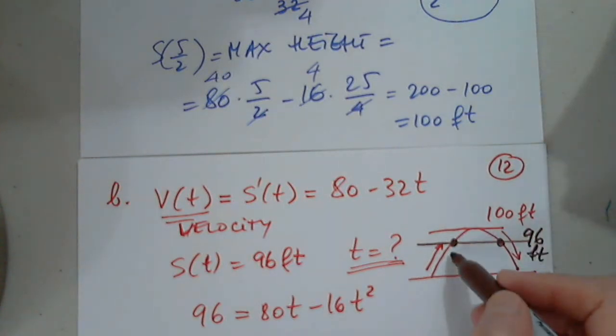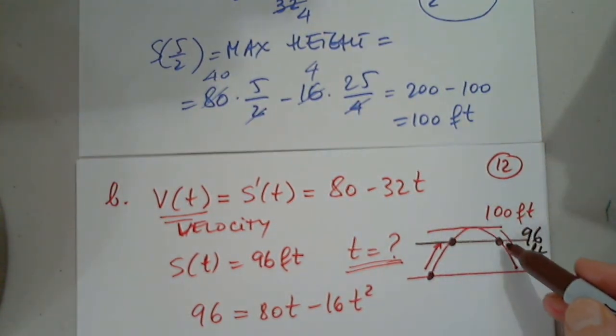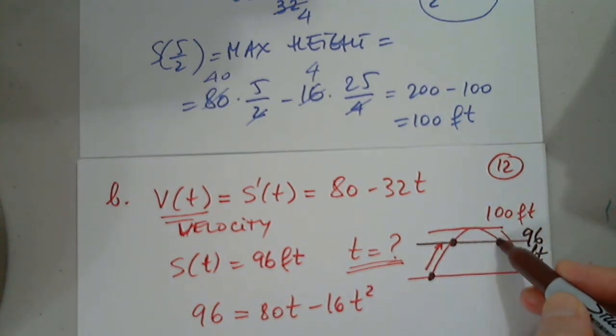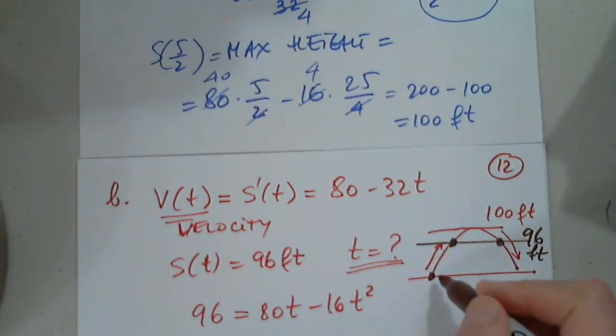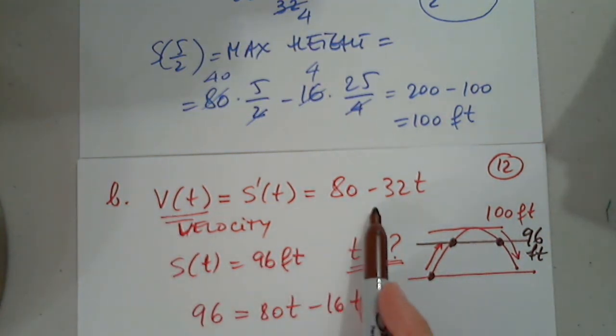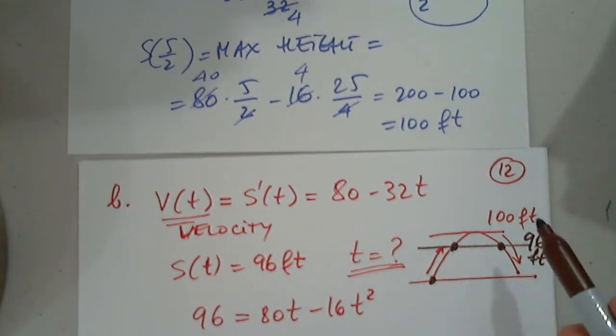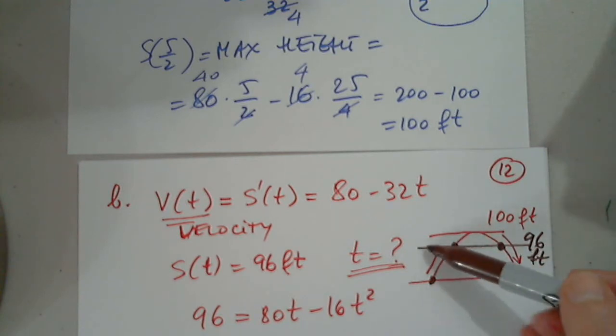On its way up, the time from here till here. On its way down, from here till here. So once I have this time, t1, and this time, t2, I can plug them in the velocity, and I'll tell you the velocity going up and coming down at these points when it crosses the height of 96 feet.